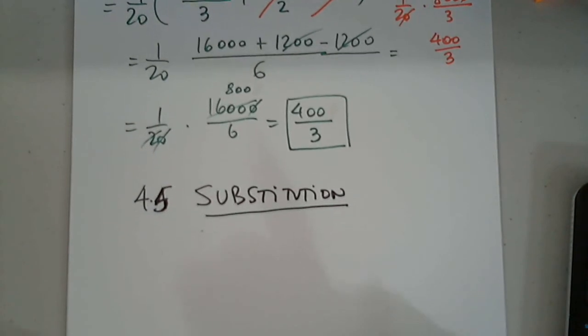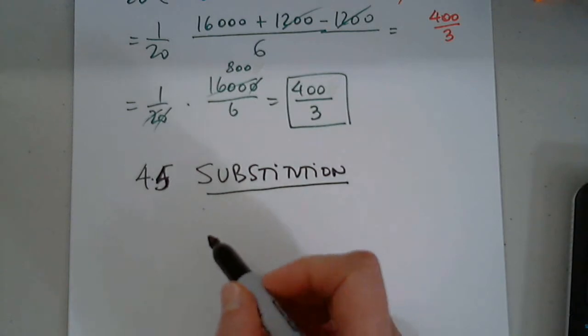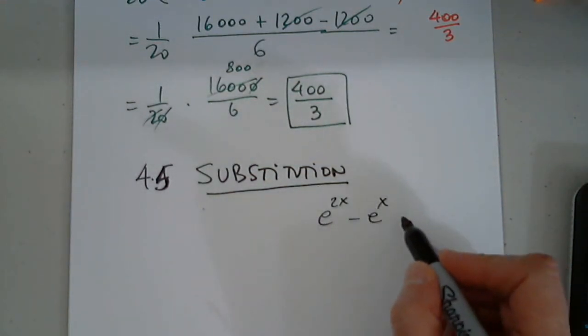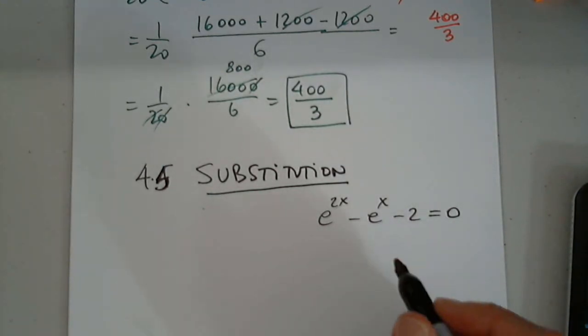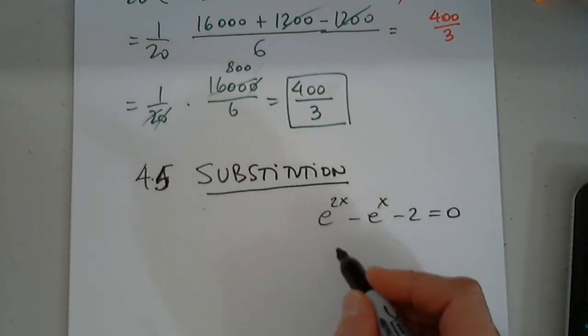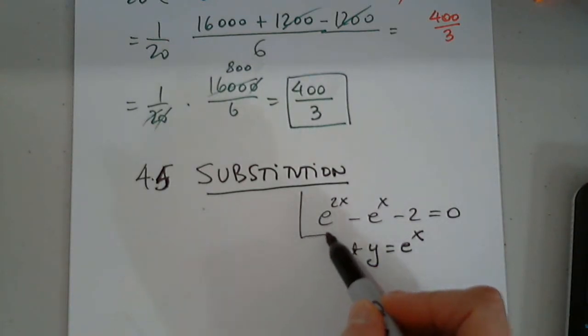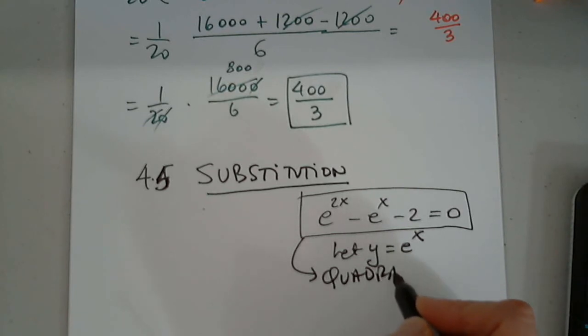Now remember from algebra, at some point you learned how to solve such an equation: e to the 2x minus e to the x minus 2 equals 0. You may say, I know how to factor this, but many students will appreciate the method called substitution. You will say, let y be e to the x, because this equation is quadratic in form.